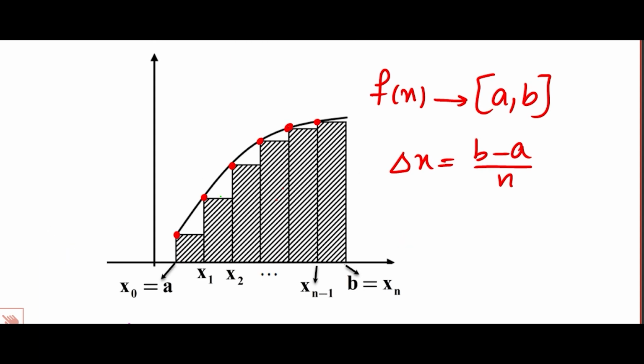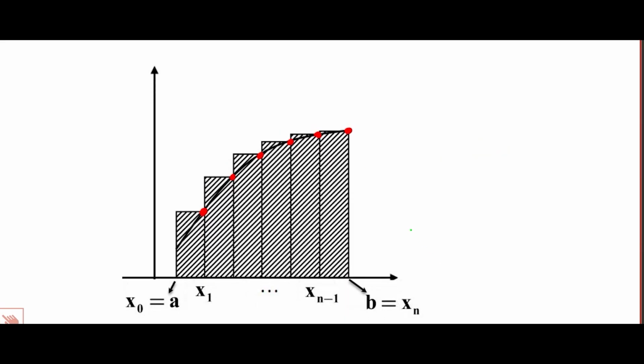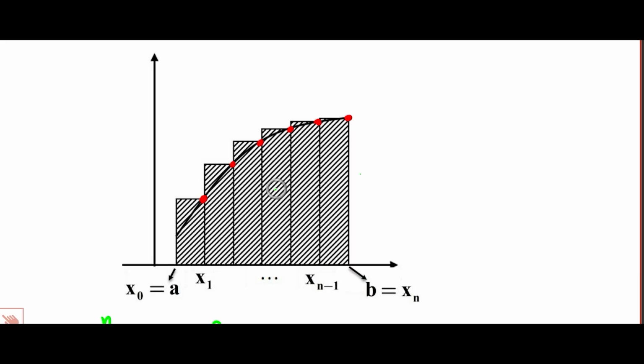So the lower sum provides an underestimate of the area, and the upper sum provides an overestimate of the area. And the true area is trapped between the lower and the upper sums, right?